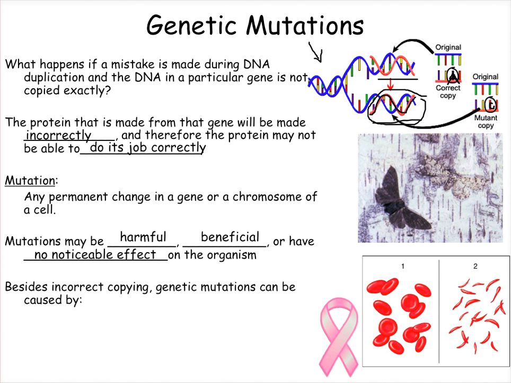In the first, the moth on the left here has a gene that has a normal color pigment, which gives it its normal brown color. The moth on the right, however, has a mutation. And the mutation is in the gene that codes for the protein that gives the moth brown color.